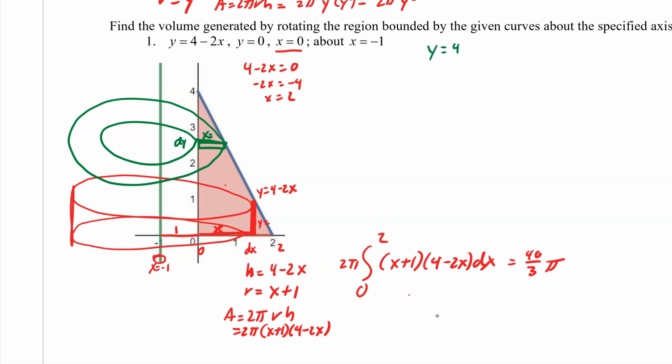So y equals 4 minus 2x. Solving this for x would give me y minus 4. Divide by -2. So x is -1/2 y plus 2. So now I know the equation here. This would become -1/2 y plus 2.